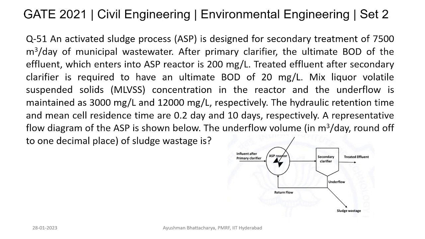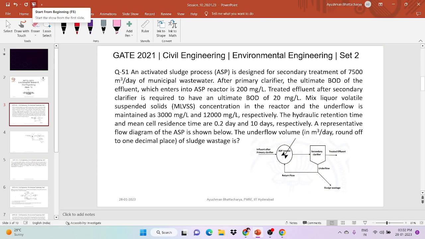The first question came in GATE 2021. It says an activated sludge process is designed for secondary treatment of 7,500 meter cube per day of municipal wastewater after the primary clarifier. The ultimate BOD of the effluent which enters the ASP is 200 milligram per liter.